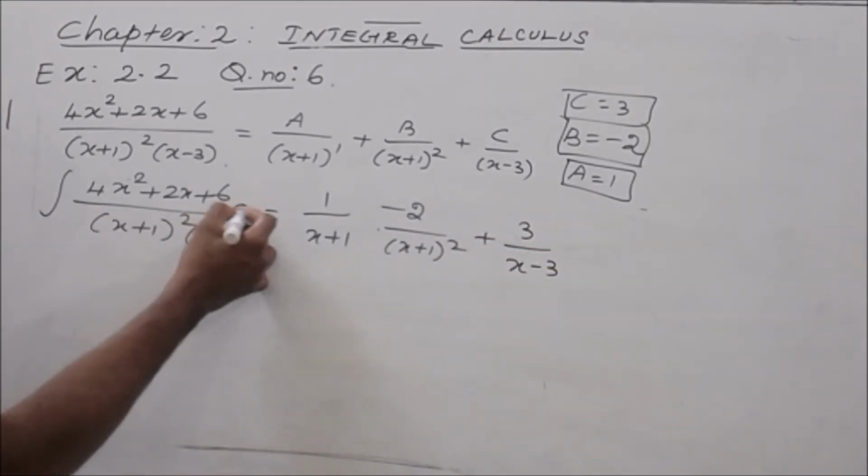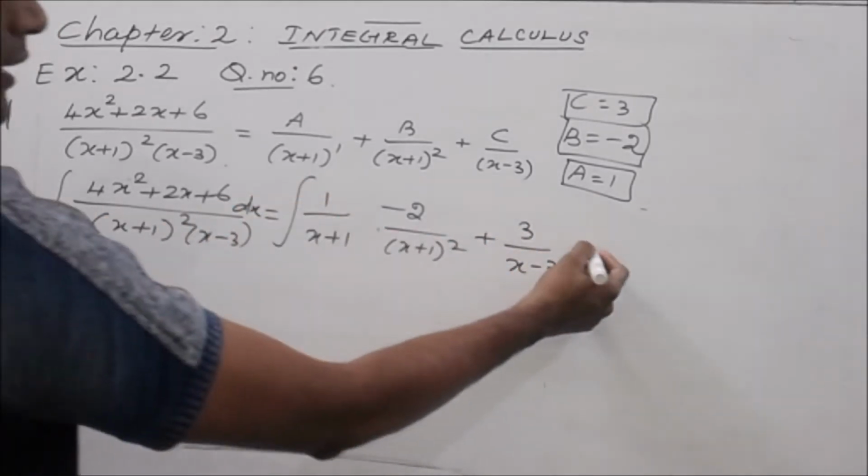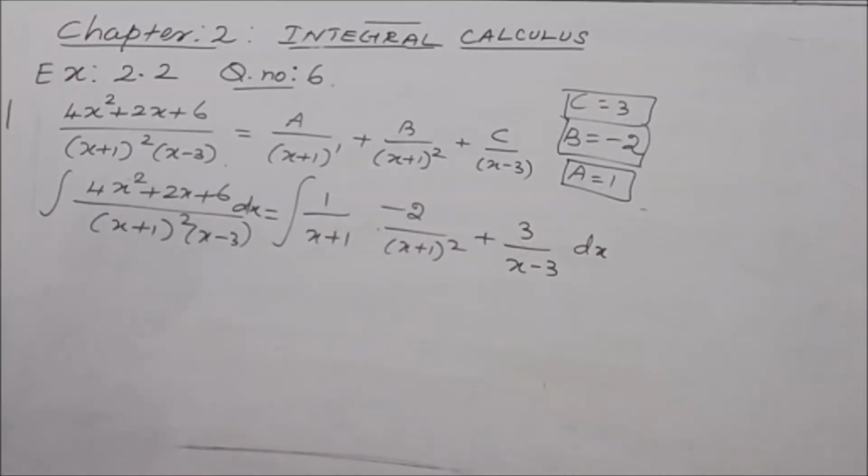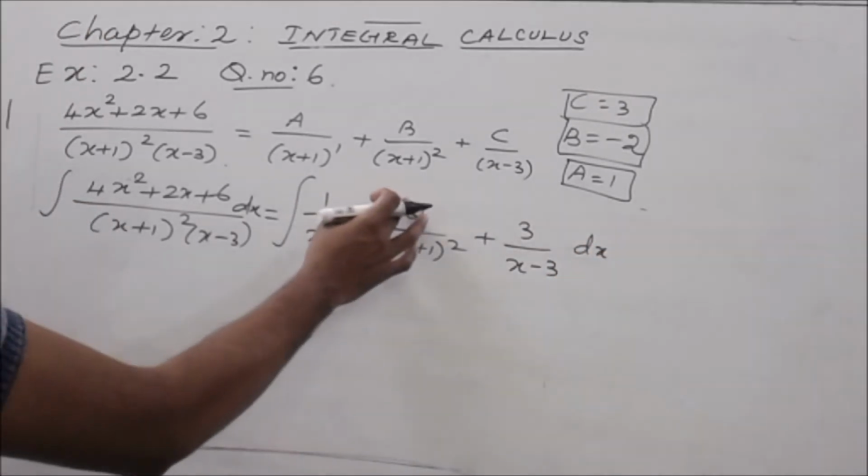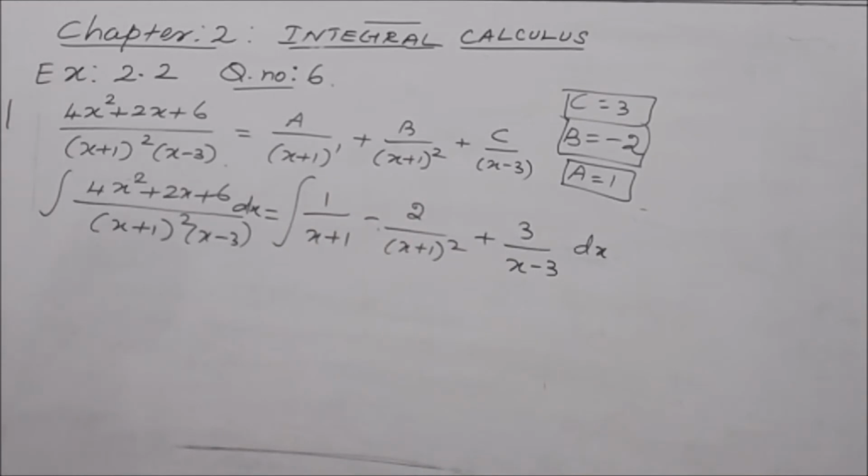Now integrating, this will be equal to integrating the function on the right side. Now substitute minus 2 here, minus 2 by x plus 1 whole square. Now we can integrate these values.